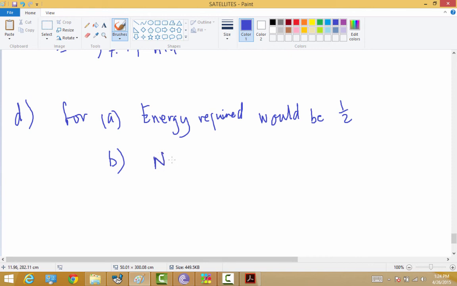And for B, there'll be no change because we're not using the mass to calculate the period. That's it.